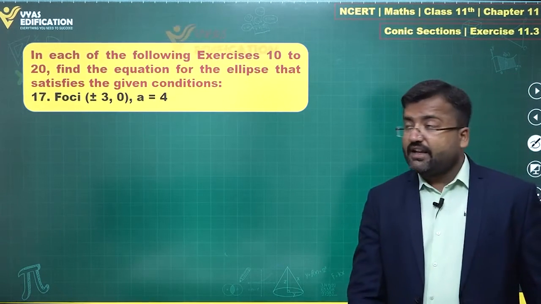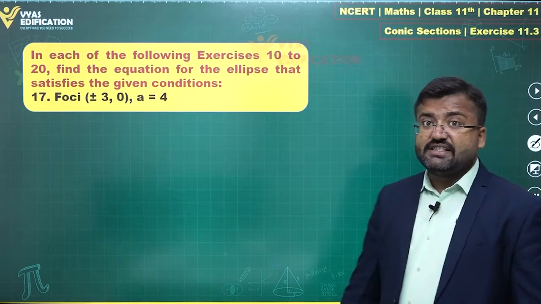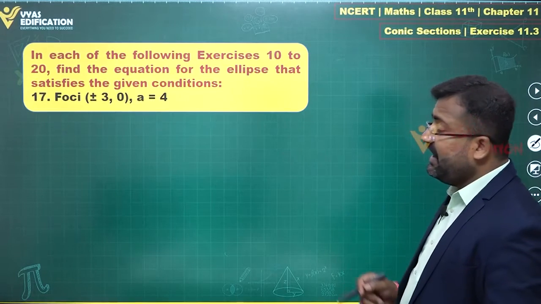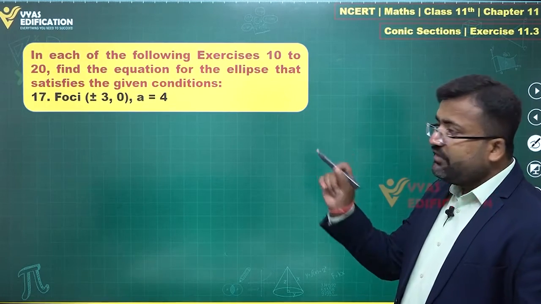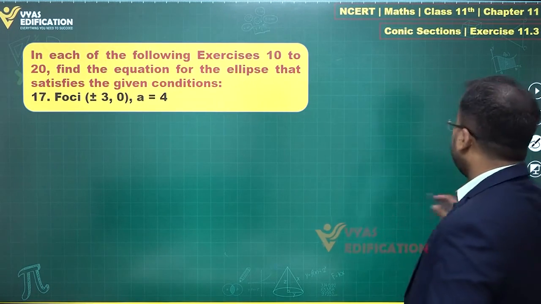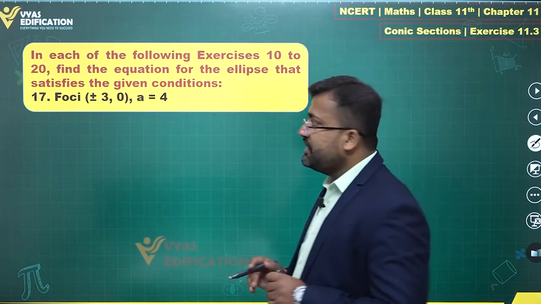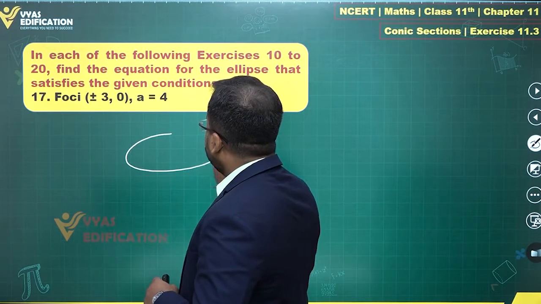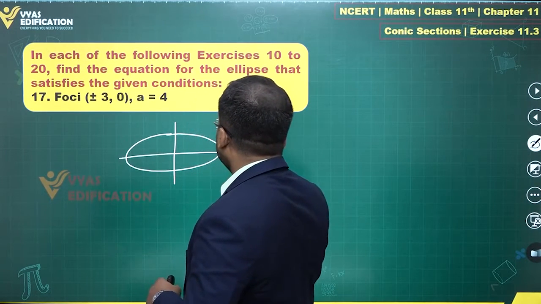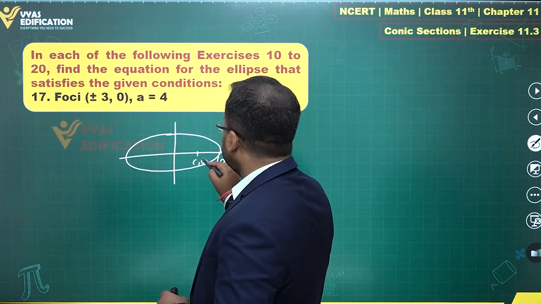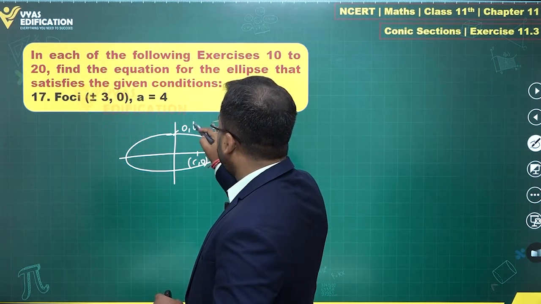Next, foci are given as plus minus 3 comma 0 and a is given to be 4. Mind you, in the standard equation, a is the endpoint of the major axis. So foci being plus minus 3 comma 0, the ellipse will be a horizontal ellipse in this manner. This is a comma 0, this is c comma 0, and this here is 0 comma b.